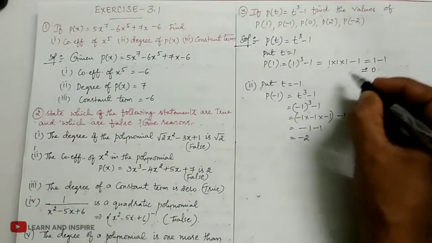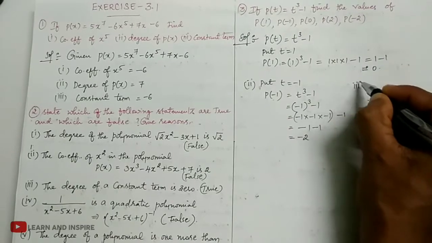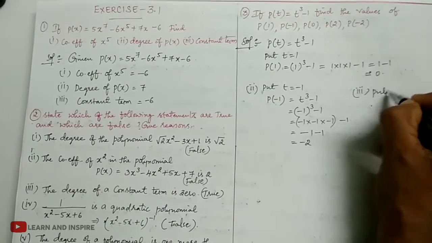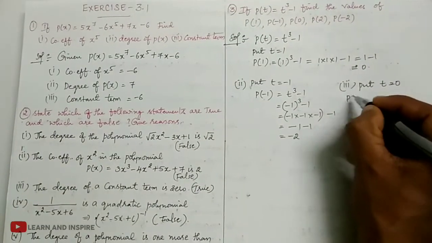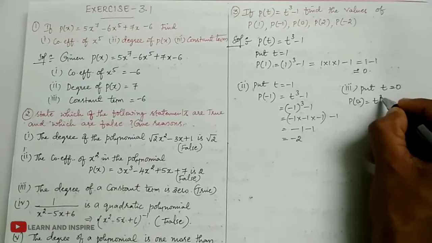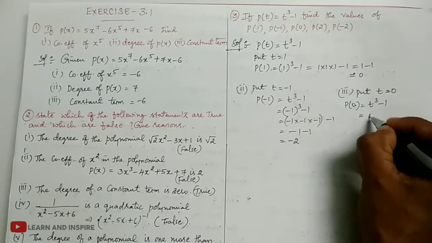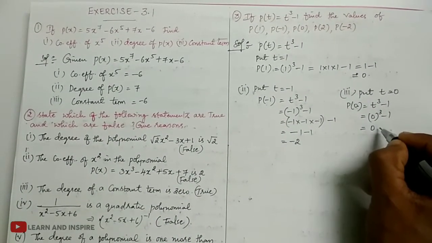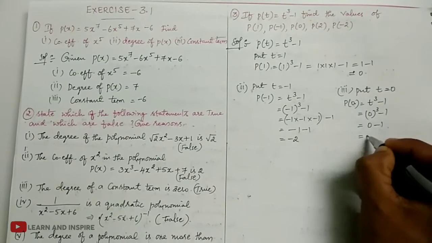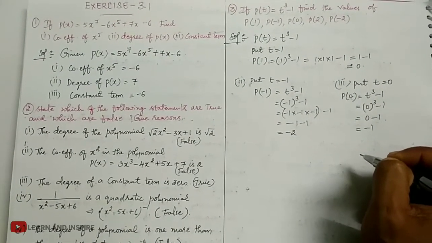Next, the third one, put t equal to 0. P of 0 is equal to t cube minus 1, that implies 0 cube minus 1. 0 cube is 0, minus 1. 0 minus 1 is minus 1.